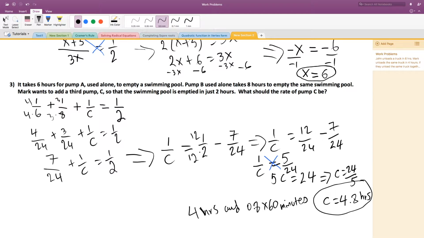Okay, now if you do that, you're going to get 4 hours and I'm just going to multiply 0.8 times 60, so that's 48 minutes. Okay, so in terms of hours and minutes, it takes about 4 hours and 48 minutes.